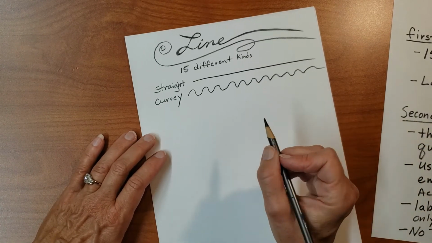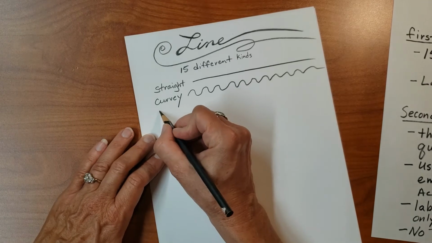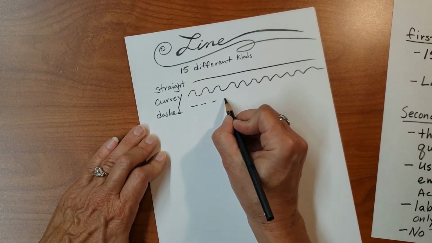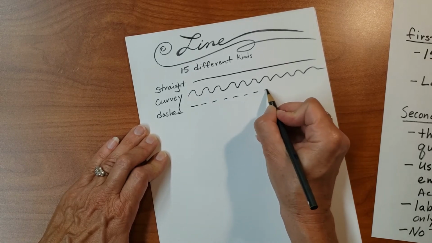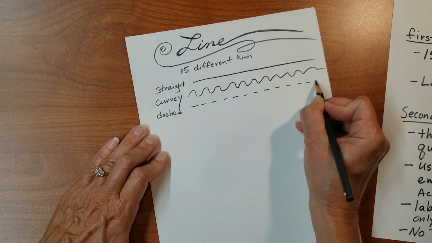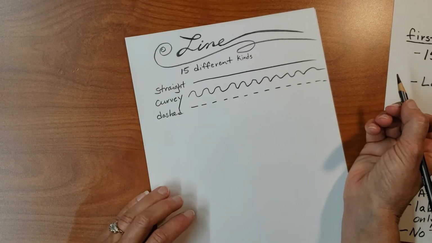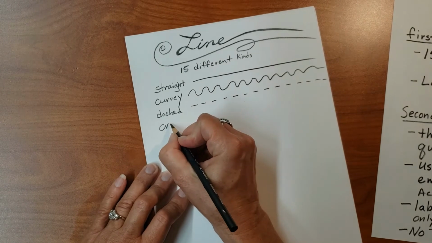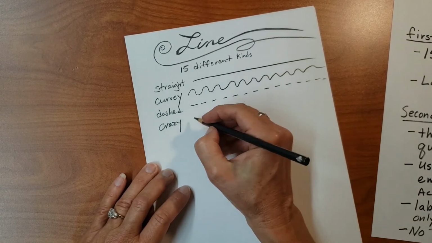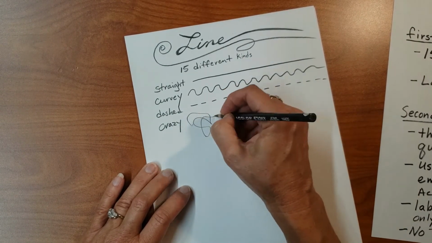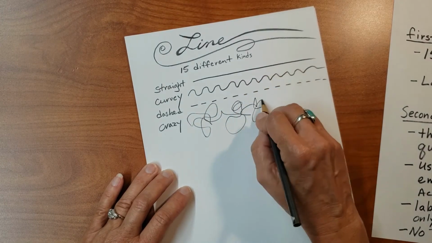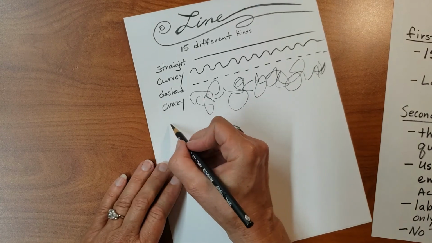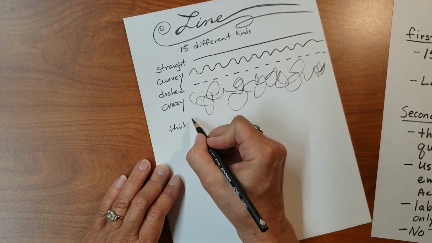And then we could do dashed. But I'm going to start boring myself if I make all these lines going straight across like a machine. Maybe I want to start coming up with some things that are a little bit looser. Maybe I want a crazy line. Maybe I want a thick to thin line.